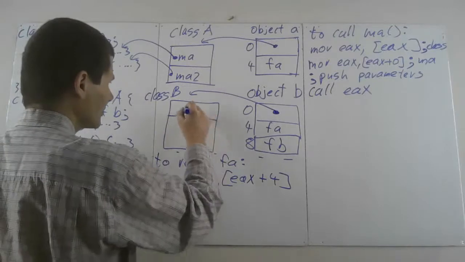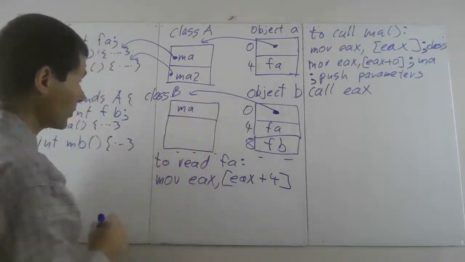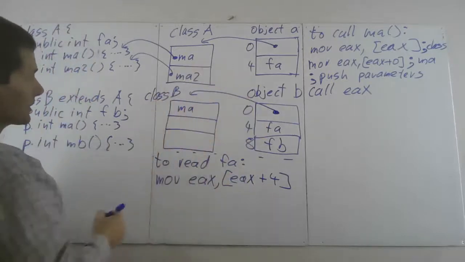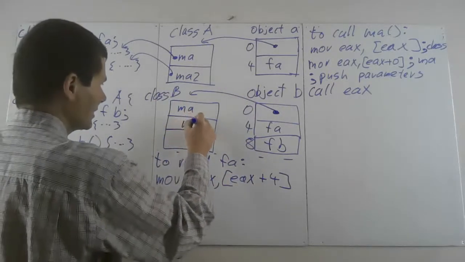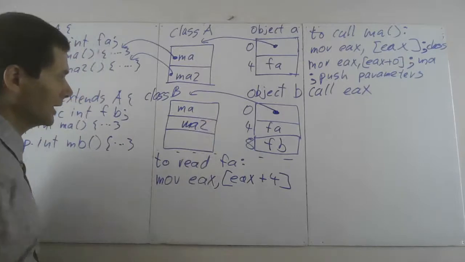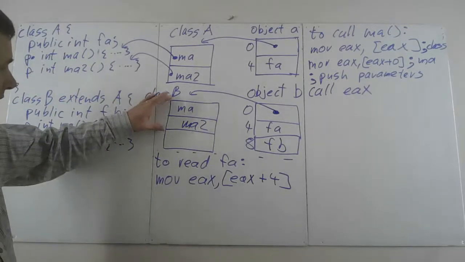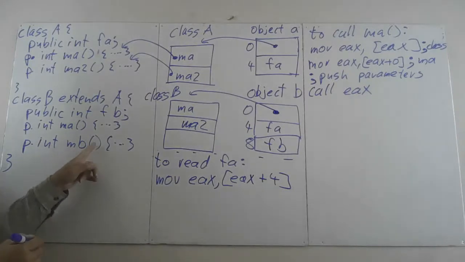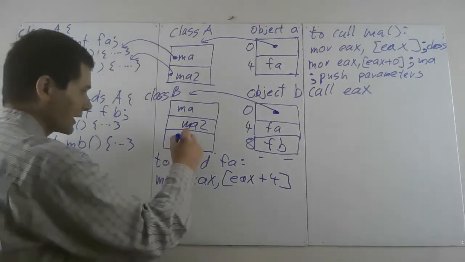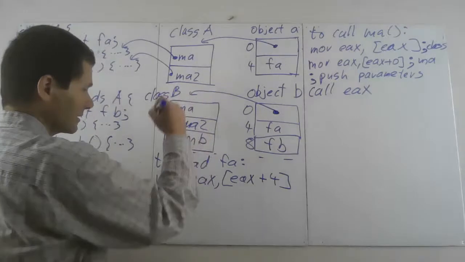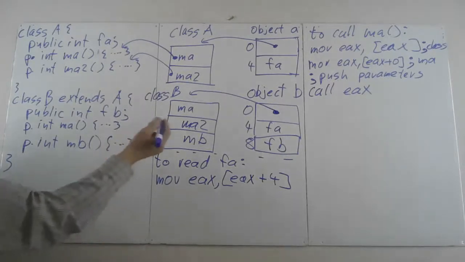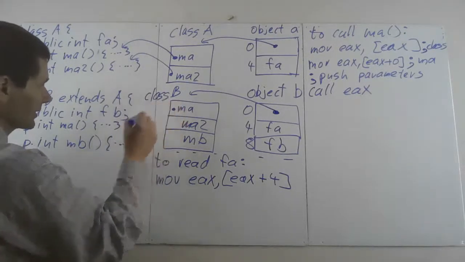So I first have to have a pointer to class B's implementation of MA, and then MA2, and now I have the prefix. Since class B adds a new method MB, I can put that in the class layout after that prefix, the prefix from the superclass.